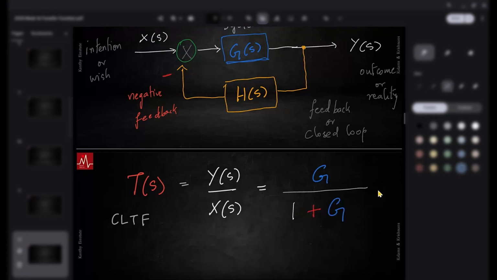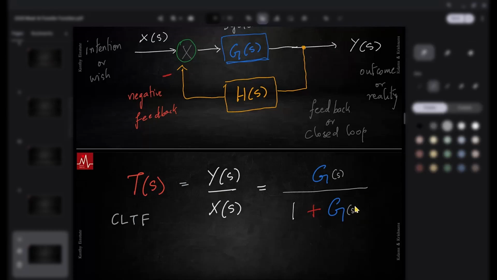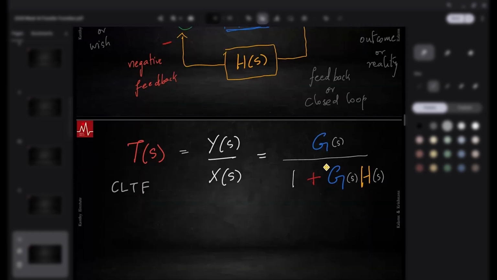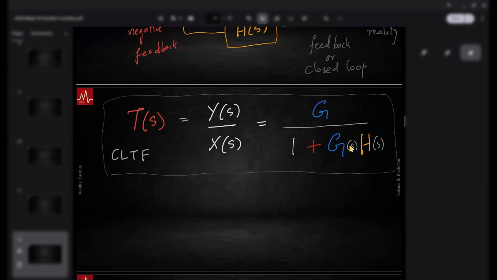Dot GH. And I didn't write the s. If you want, you can put the s, but conventionally the s is not written, since you're dealing with a transfer function. So this is one thing I recommend you all remember. So I boxed it. Notice that the s is sort of a nuisance, no? G by 1 plus GH. That's it.